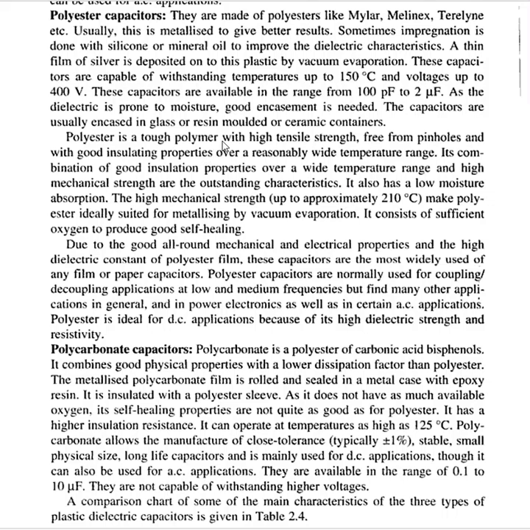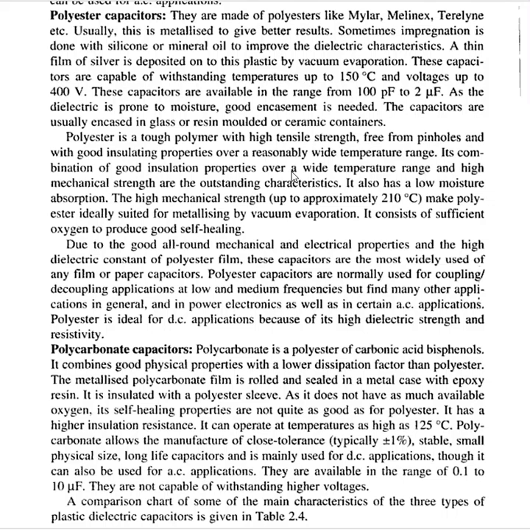Polyester is a tough polymer with a high tensile strength, free from pinholes and with good insulating properties over a reasonably wide temperature range. Its combination of good insulation properties over a wide temperature range and a high mechanical strength are the outstanding characteristics.